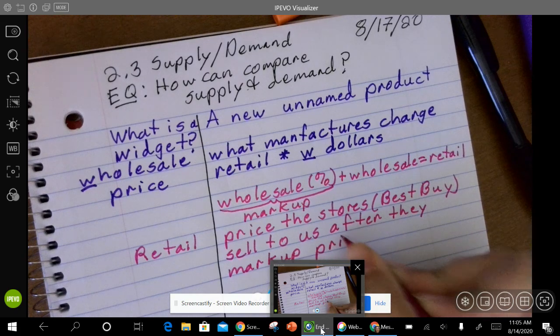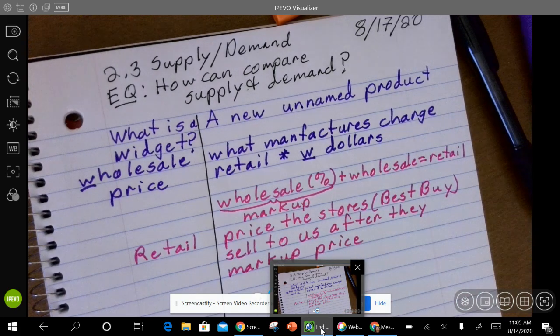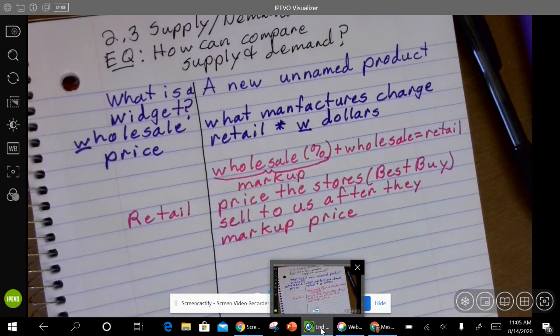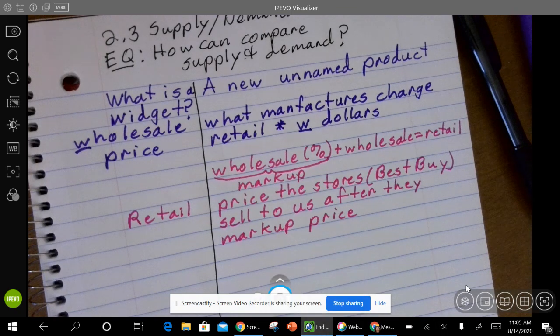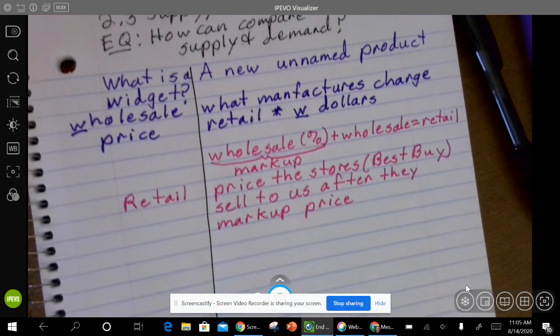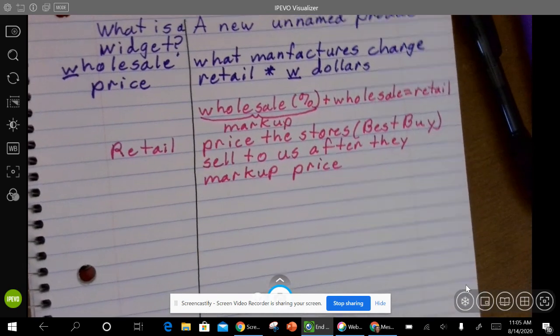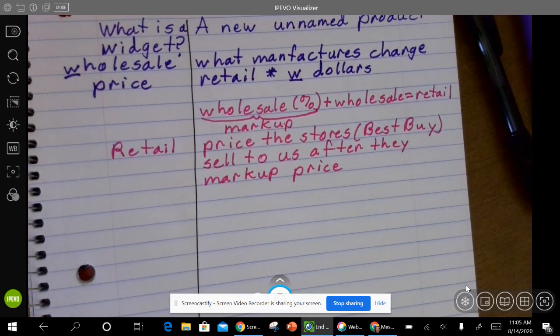Okay, and again, that markup is also including all of their costs as well. Okay, so that's retail.